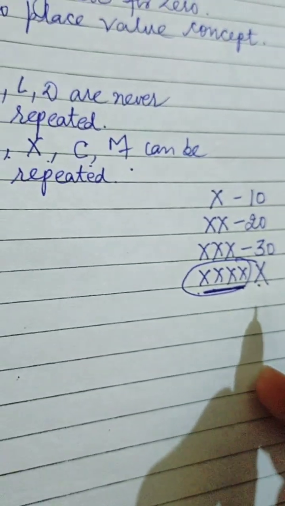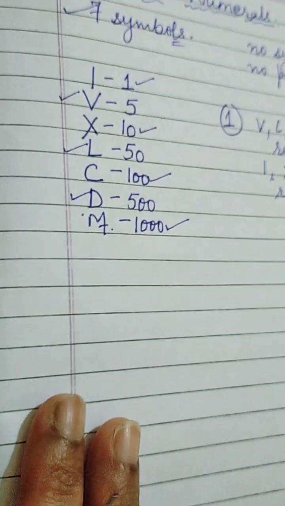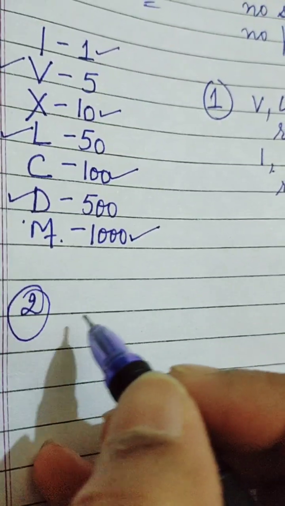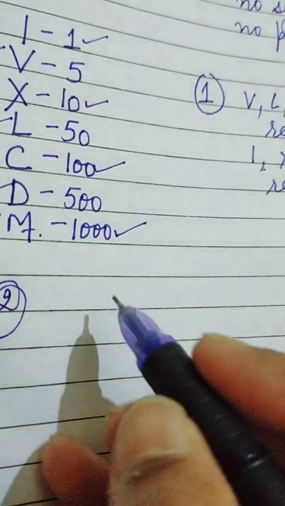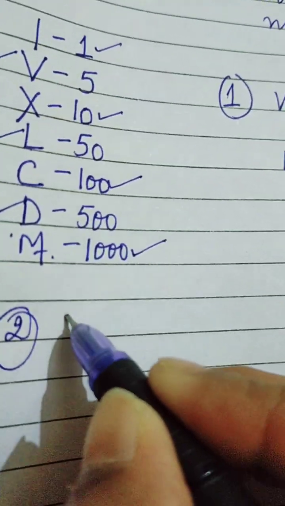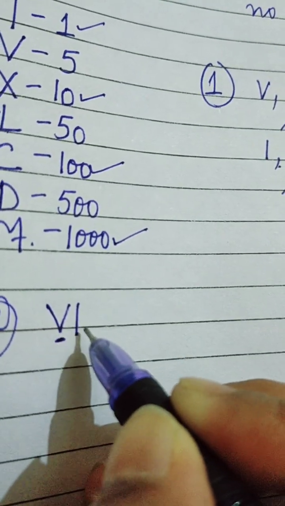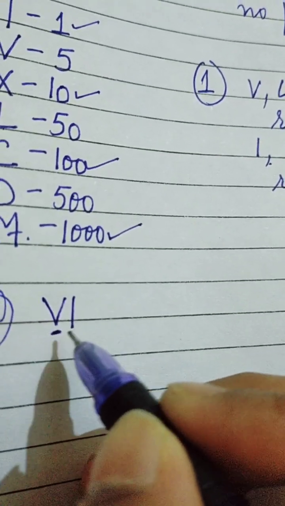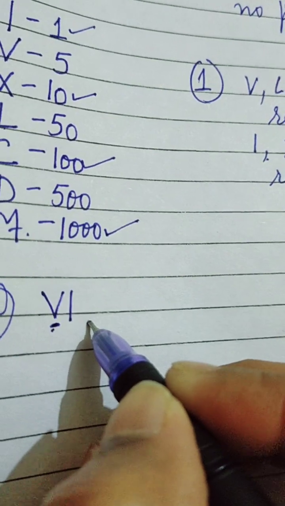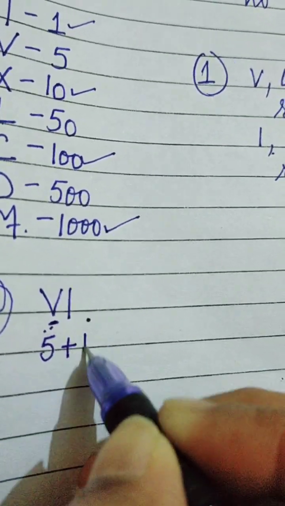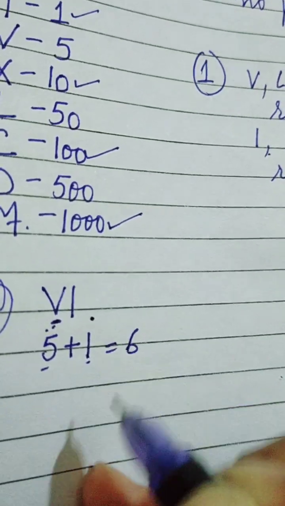Yes. After that, the rule number 2 is that if we are writing a Roman numeral, for example, I am writing VI. You can see here V's right hand side is I. So V means 5 and I means 1, so these both will be added.